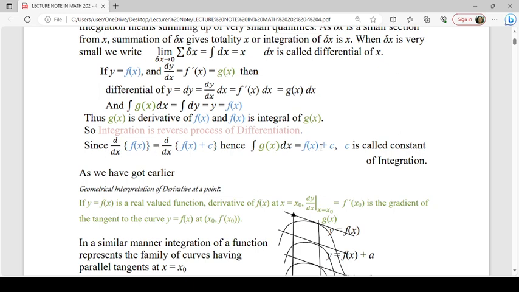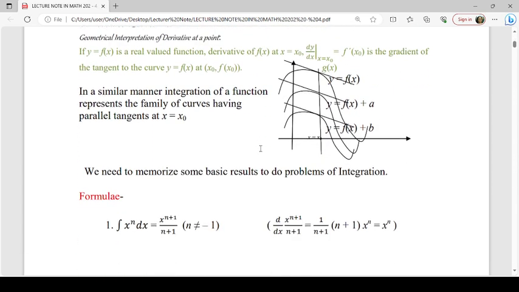Then this is the integration of g(x). Integration of g(x) is f(x) plus c, because after taking the derivative of f(x), we get the value g(x), and that is why we say it is the reverse process of differentiation.